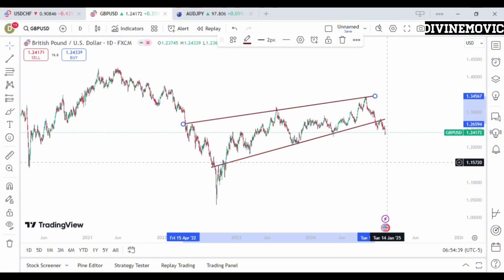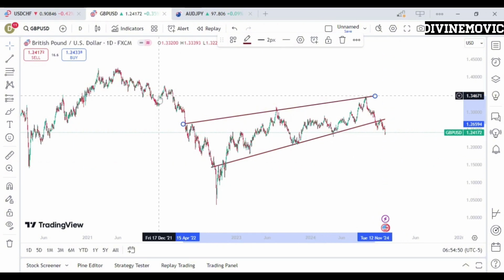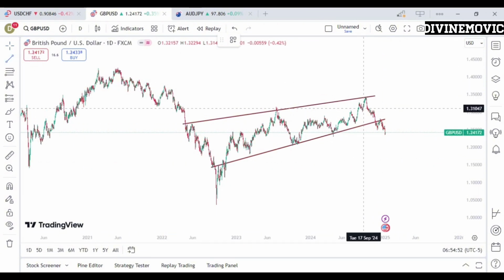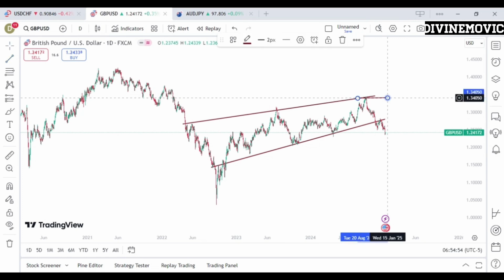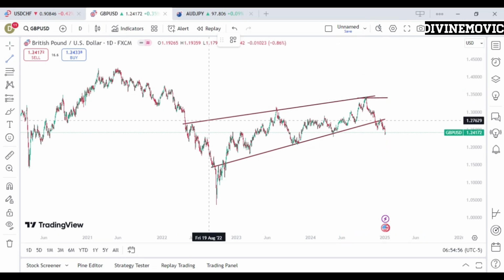But for us to know where we're going to sell from, we want to simply identify the key levels and most importantly, use the key levels to move to the next step. But before we move to the next step, let's identify the key levels. Here is simply a key level. Here is a key level.